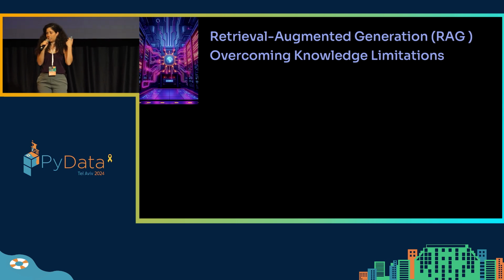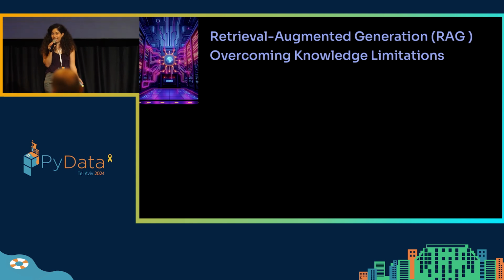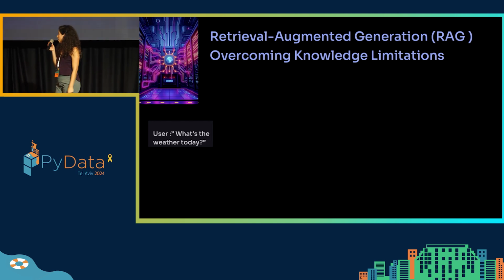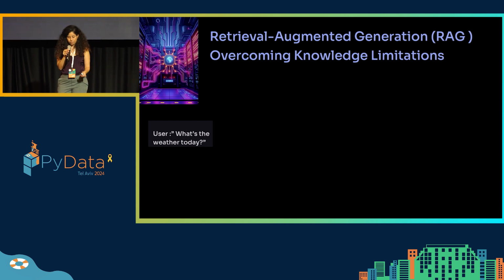If they were trained last year, they won't know about new things, new ideas, new products. They are stuck in time. So if you ask them, what is the weather today? They won't know how to answer you. They might hallucinate, or better, they say, I don't know.